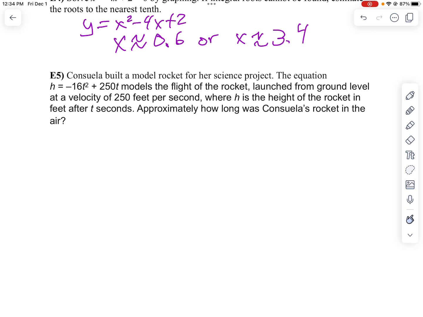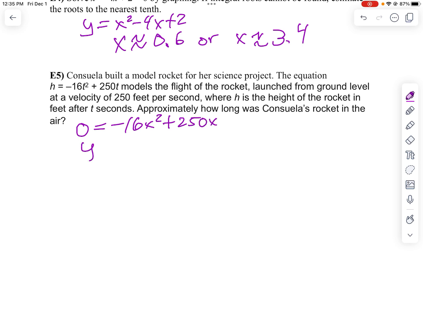H is the height of the rocket after t seconds. How long was Kinsella's rocket in the air? Well, really, I want to find when Kinsella's rocket is back on the ground, and that'll tell you what the air time is. So I know the height on the ground is going to be 0. And like I said, instead of using t, I'm going to use x's. So I'm going to say negative 16x squared plus 250x.